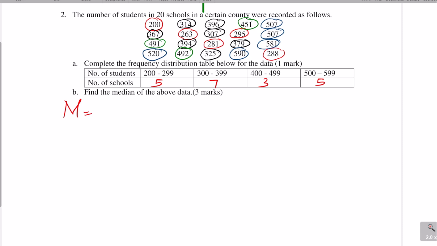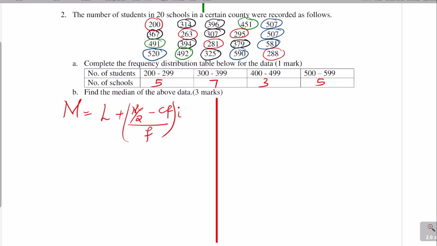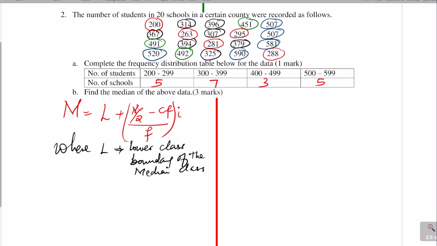The median of the grouped data is given by L plus N divided by 2, subtract CF, divided by F, then everything multiplied by I. Where L is the lower class boundary of the median class, and N is the total frequency, which is when you add all the schools, the total number of schools, which is 20.